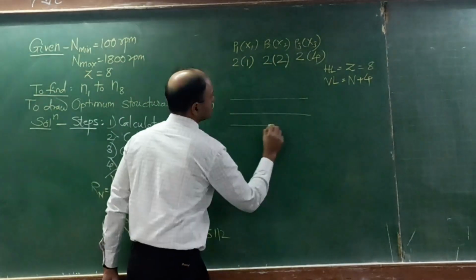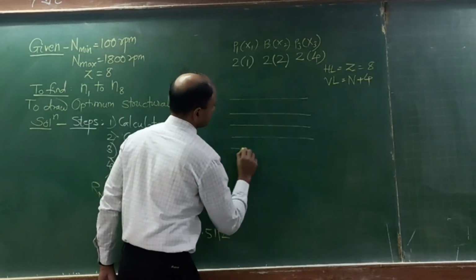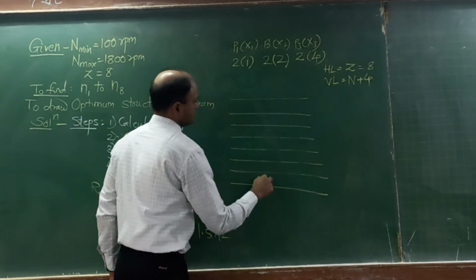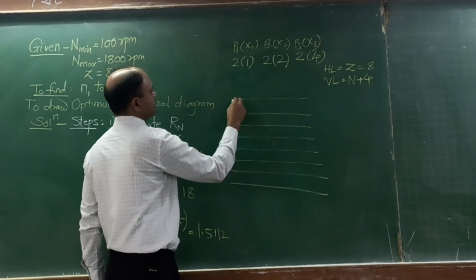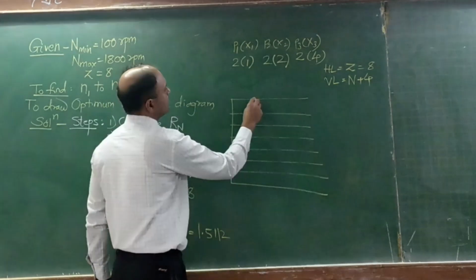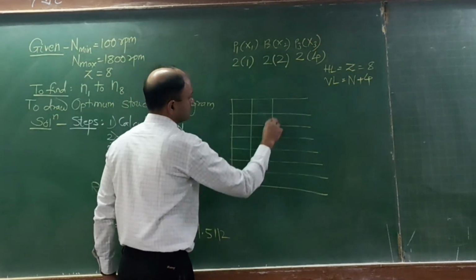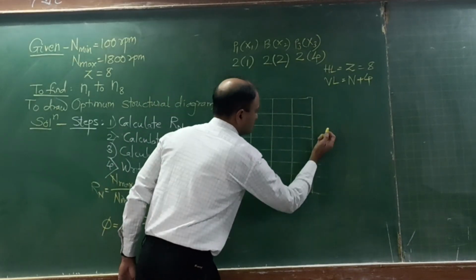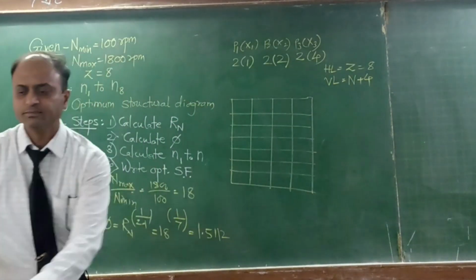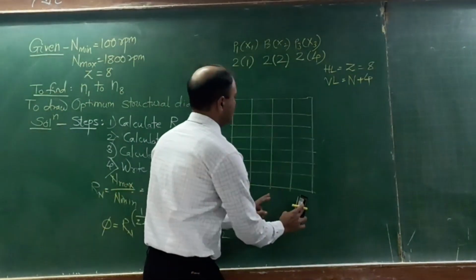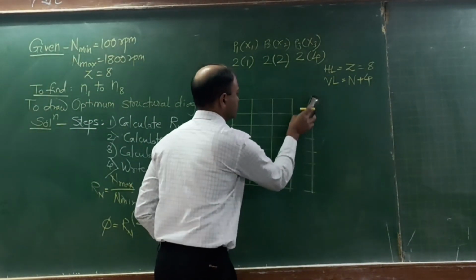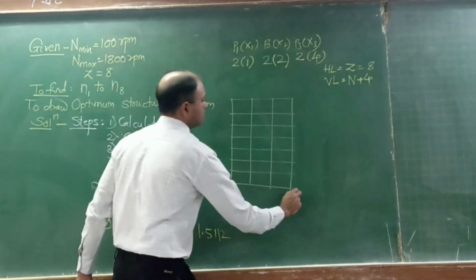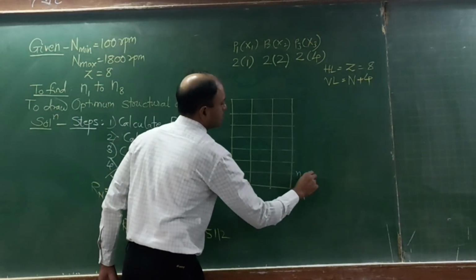So I am first drawing 8 horizontal lines, 1, 2, 3, 4, 5, 6, 7, 8, and 4 vertical lines. 1, 2, 3 and the last one. Write the speed values here, N1.